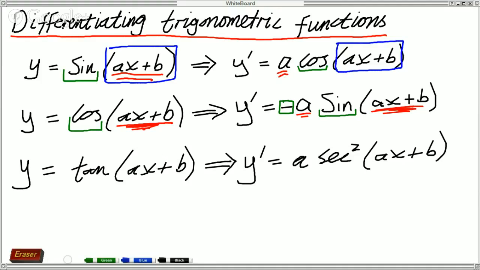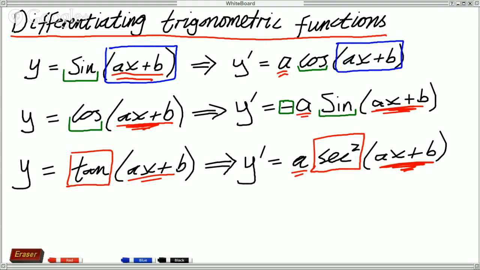So again, the derivative comes out the front, you can see a pattern emerging here, and this function stays the same, and tan will turn into sec squared. So these are the results from applying first principles. You just have to be familiar with the compound angle formulas and quite good with your limits. But this is what it turns into, and the moral of all of this is what turns into what.